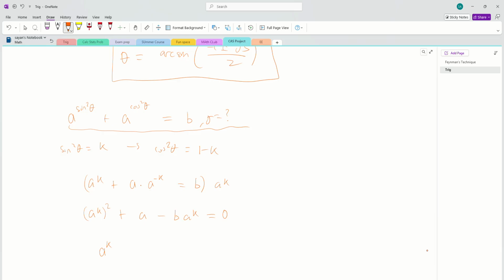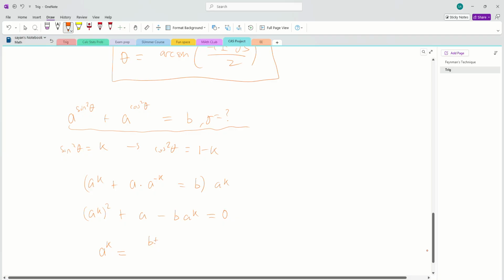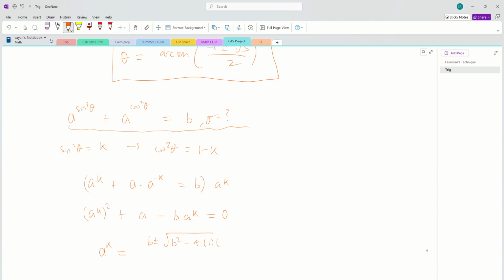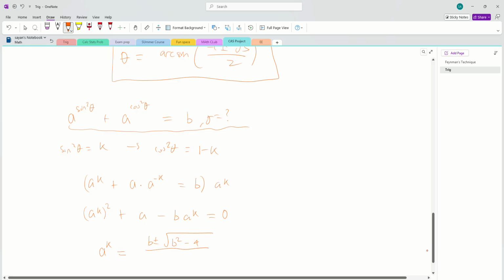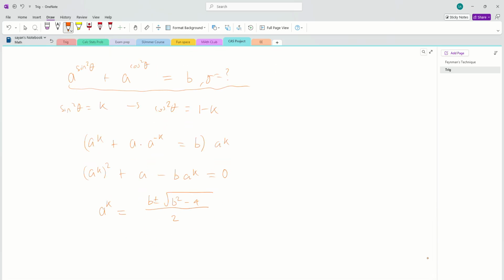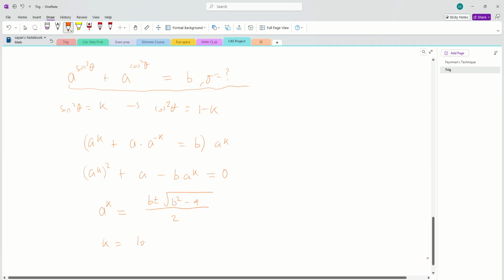So a to the k is going to be equal to, let's see, it would just be b plus or minus the square root of b squared minus 4ac, which is just 1, over 2. So k is going to be equal to log base a of b plus or minus the square root of b squared minus 4, over 2.